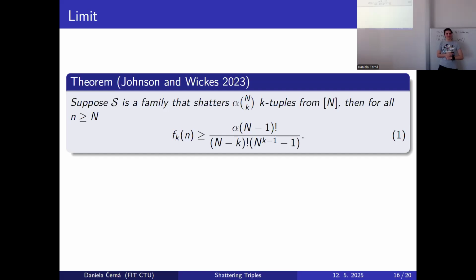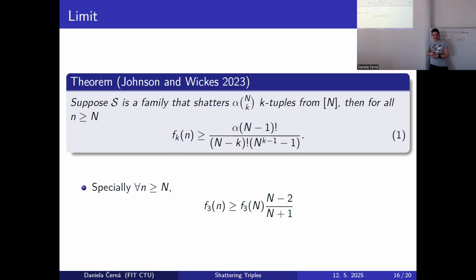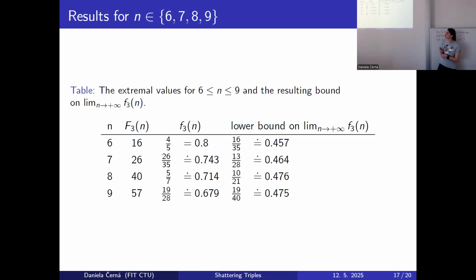And in our case, it's much nicer because if we set k being 3, these two will cross out to get just n minus 2 over n plus 1, which is how we got the third column in here and is the lower bound for the limit. You can see that although these numbers are non-increasing, these are not.